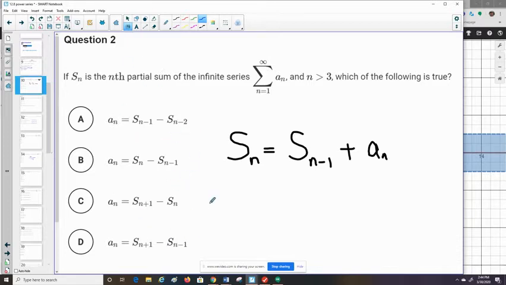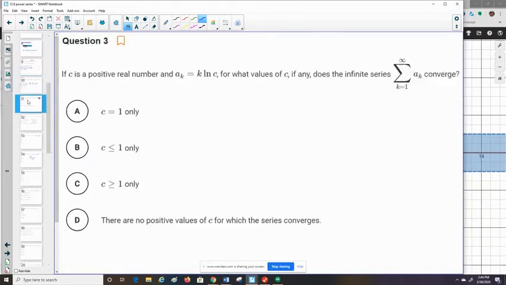When I thought about this one, I said that the nth partial sum is the partial sum that came before that plus the nth term. And then we are just one quick little algebraic rearrangement away from saying that this one must be the answer. The nth term is the nth partial sum minus the previous partial sum. Little review of terms there.